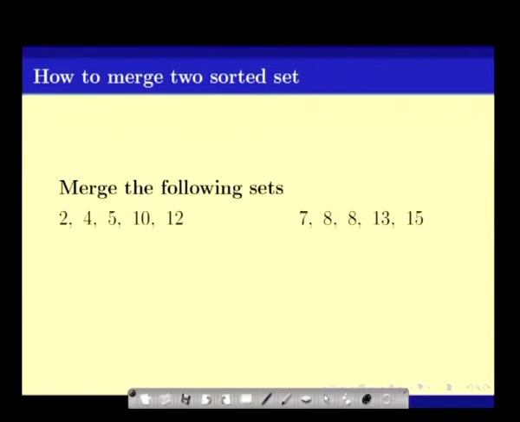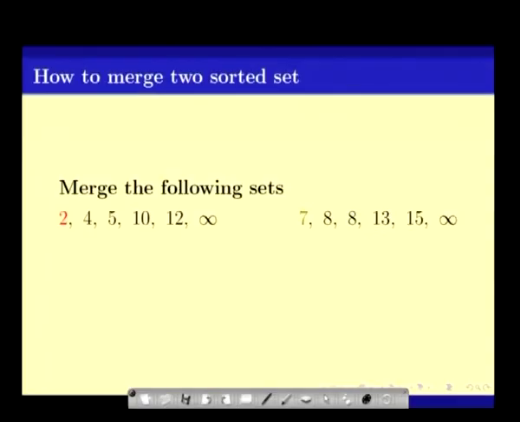So, to start with, we want to merge the following two sets. To start, we want an end of the list marker, and we will put infinity at the end. This infinity is nothing but a very large object which will not cause any problem to our list, and it is just an end of the list marker.